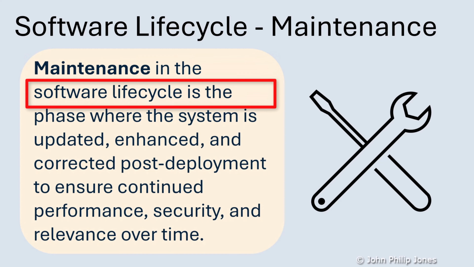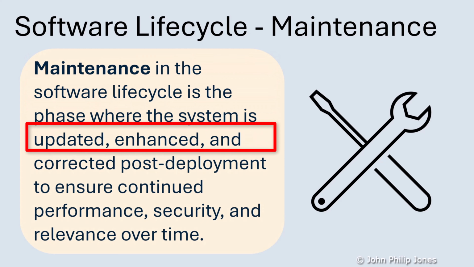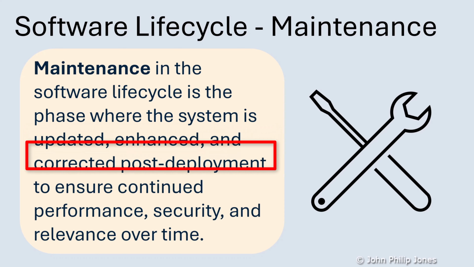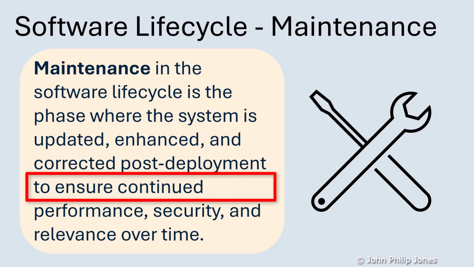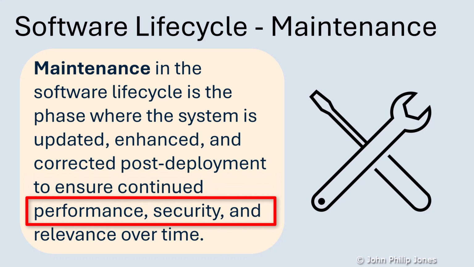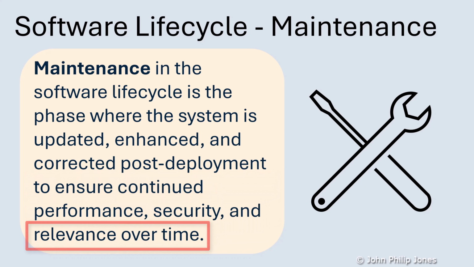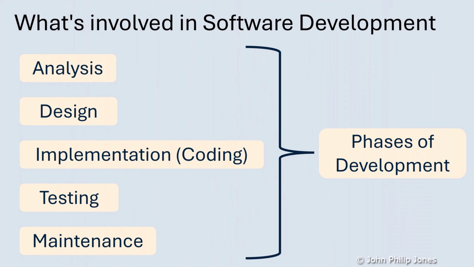Maintenance in the software lifecycle is the phase where the system is updated, enhanced, and corrected post-deployment. In other words, after you've released the software to the customer, to ensure continued performance, security, and relevance over time. We can see that the phases of the software lifecycle are as they appear on this slide.